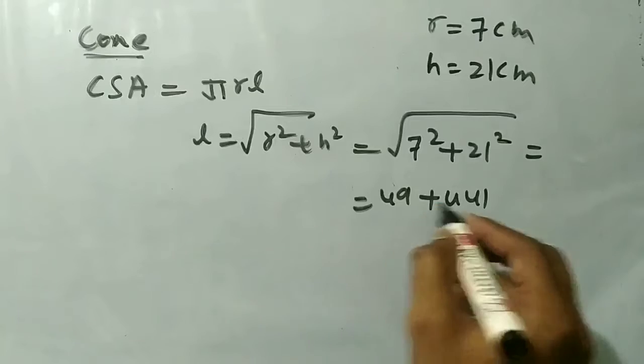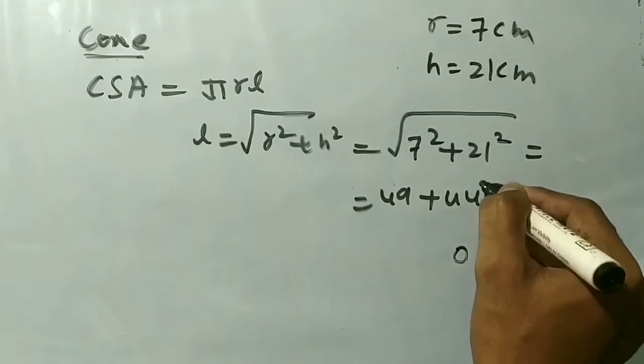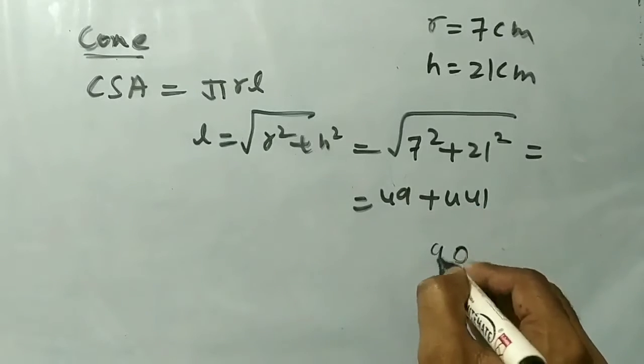Just add it: 9 plus 1 is 0, 4 plus 4 is 9, and 4. That is 490.